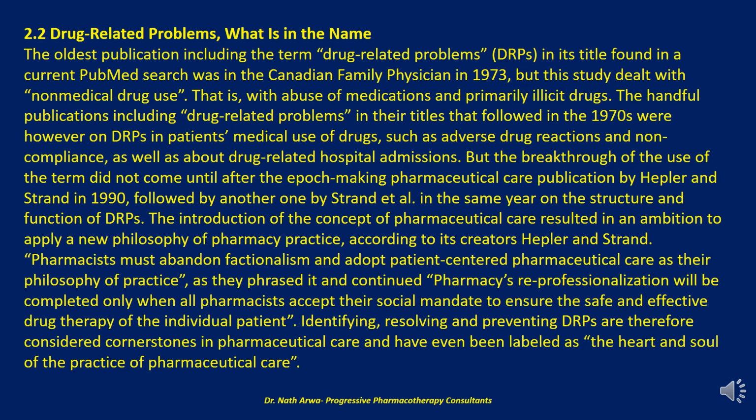That is, with abuse of medications and primarily illicit drugs. The handful of publications including drug-related problems in their titles that followed in the 1970s were however on drug-related problems in patients' medical use of drugs, such as adverse drug reactions and non-compliance, as well as about drug-related hospital admissions.